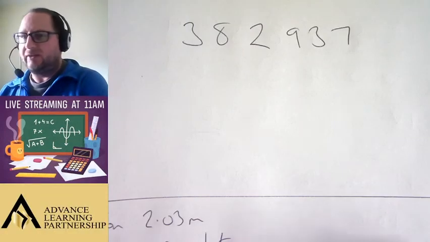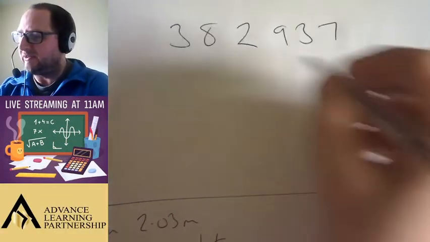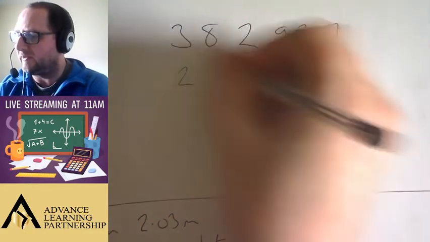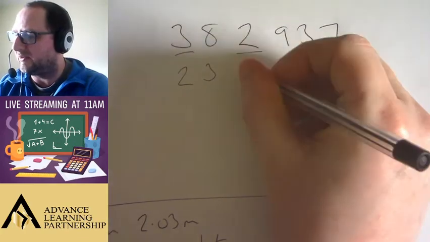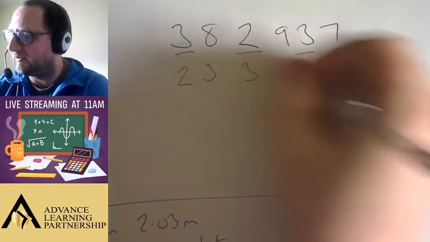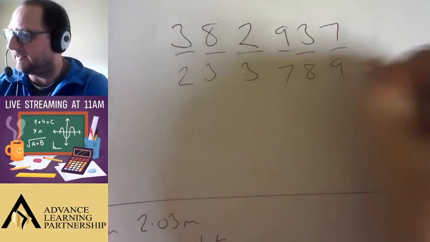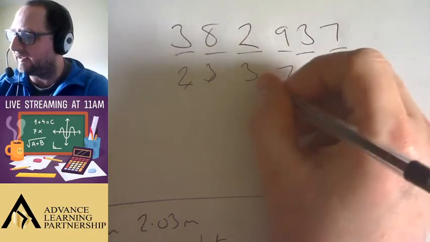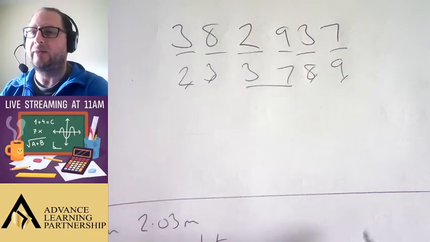So the median and the range for this question here, let's do the median first. So my smallest number is 2, then there's a 3 and another 3, there's no 4, no 5, no 6, there's a 7 and an 8 and a 9. So smallest and largest, smallest and largest. The median will be between 3 and 7.